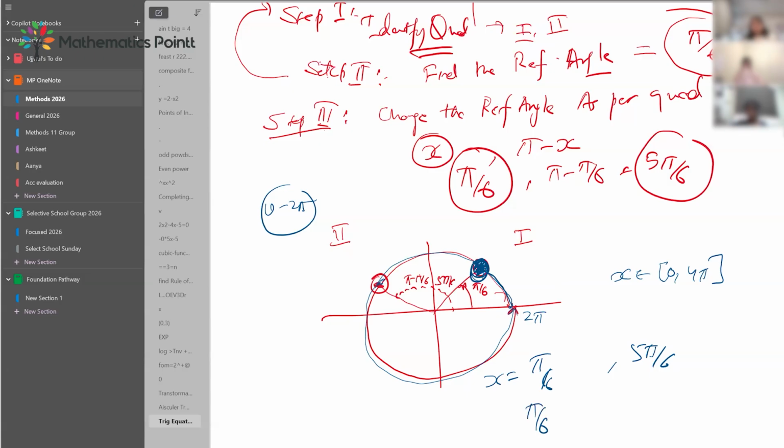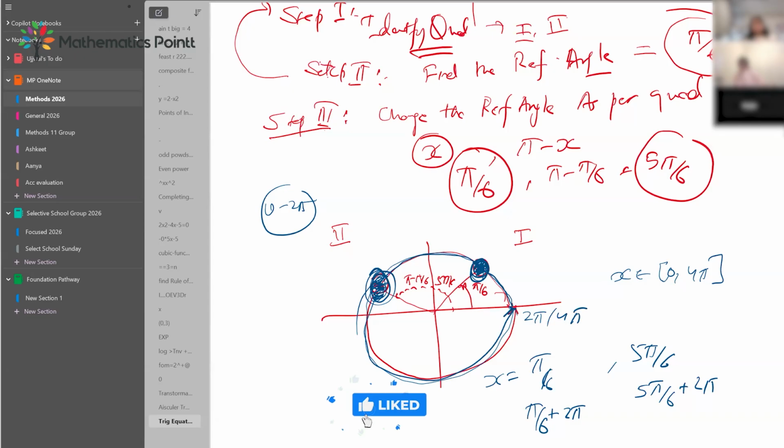But how much have I rotated from my initial point? One full period of my function, 2 pi. Keep moving. I've reached here again, another 2 pi with reference to this point. And then I come here and I've done 4 pi. Finish, and I'm not allowed to go any further.